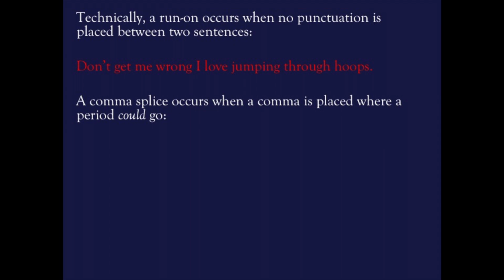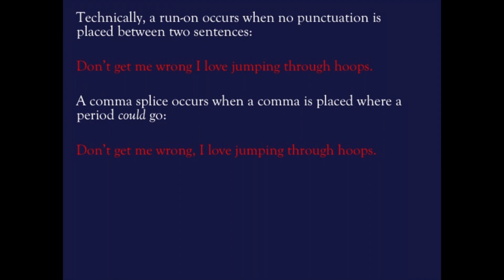A comma splice occurs when a comma is placed where a period could go. So in this example, we basically have the same error, except now we have a comma between our two sentences. But we can't place commas at the end of sentences, we have to use periods. That means that comma splices and run-ons are basically the same error. In both cases, we have two or more sentences put together as one.